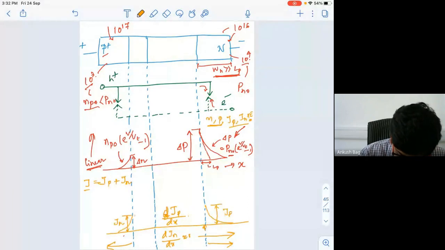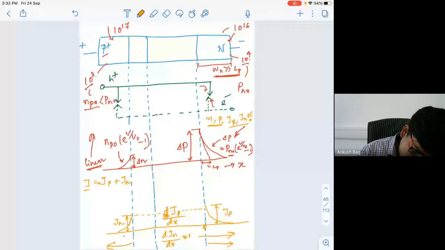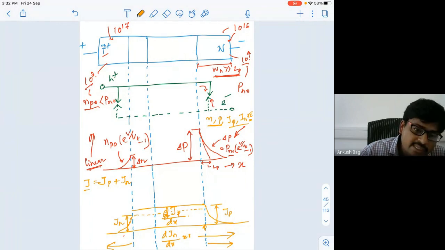So in that case, we can write, because there is no change in the current density, there is no spatial variation of the hole current density and the electron current density. And this Jp and Jn we have already derived at the depletion edge from the previous equation.